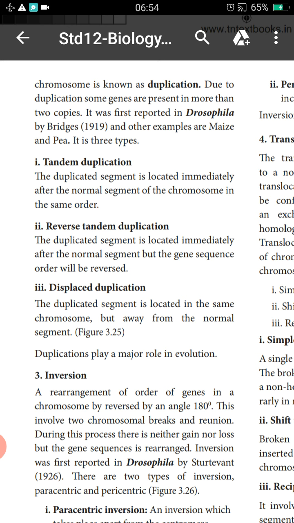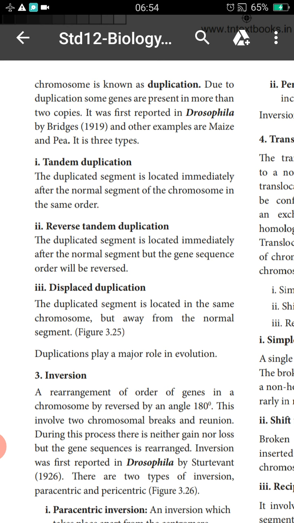But if duplication is taking place, that can lead to the evolution of a new species. This was first reported in Drosophila by Bridges, and next it is also seen in maize and pea. Next type of chromosomal structural aberration we are going to study is inversion.